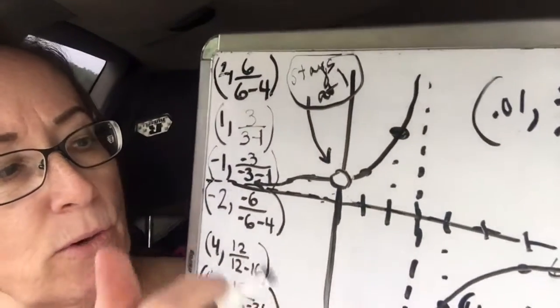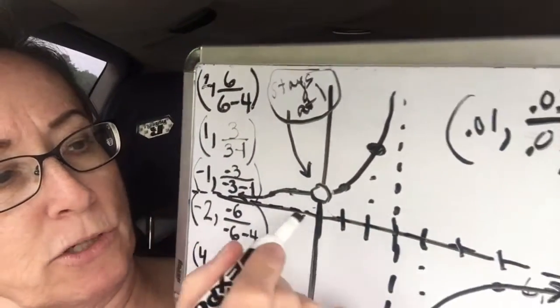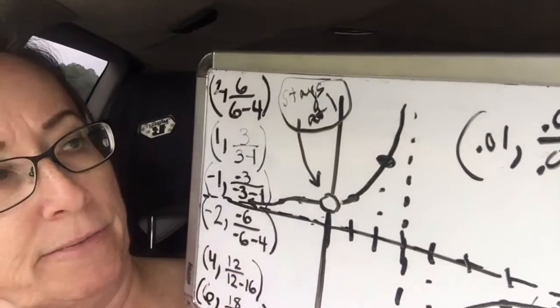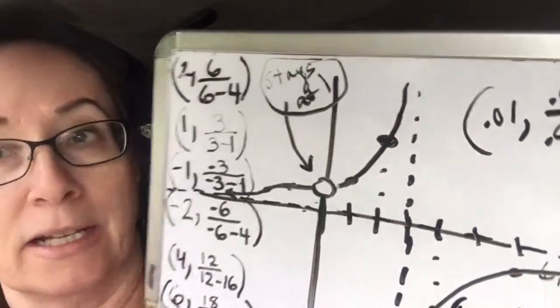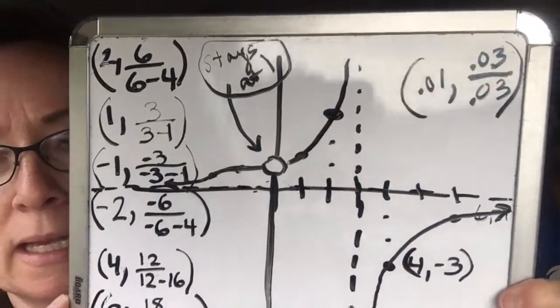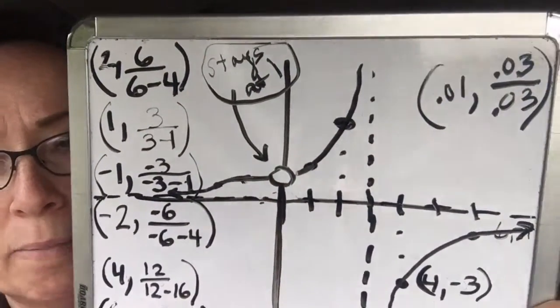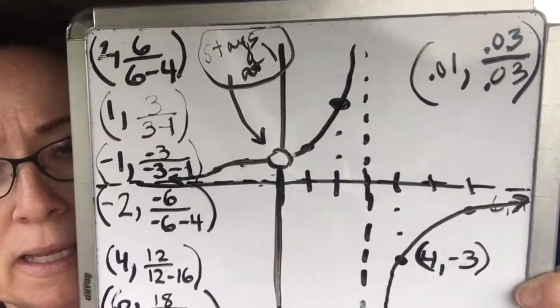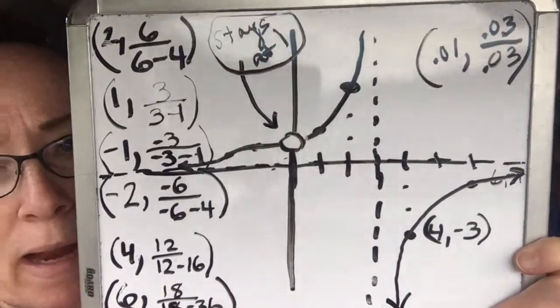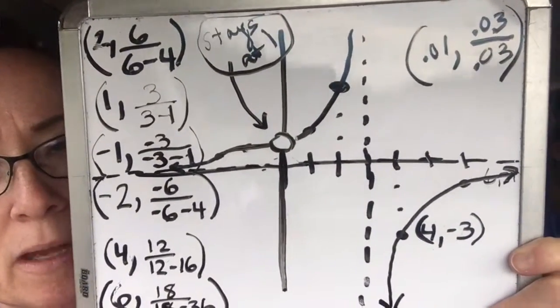And so now I have a horizontal asymptote that it is approaching at 0, and I've got that on the graph. I have got no x-intercepts. I have a hole at my y-intercept, and this is what my graph should look like.